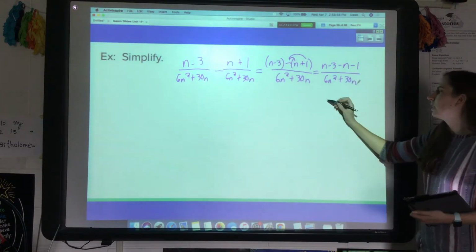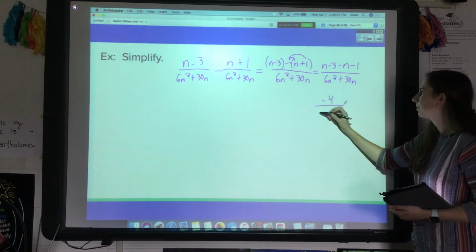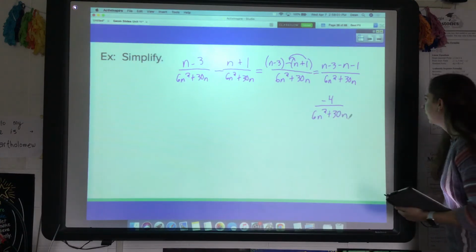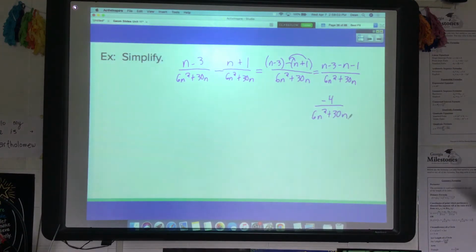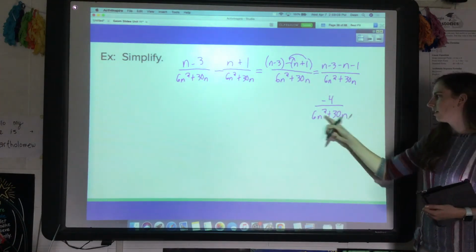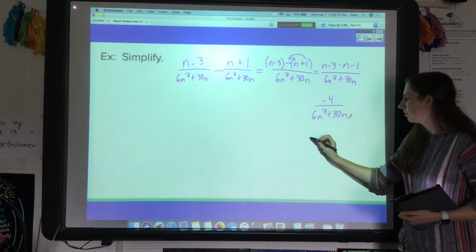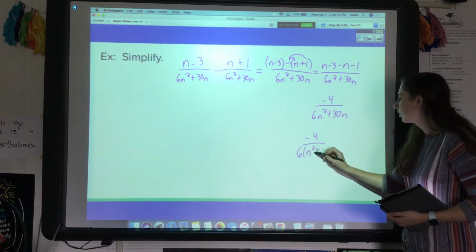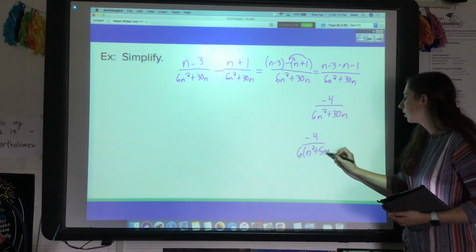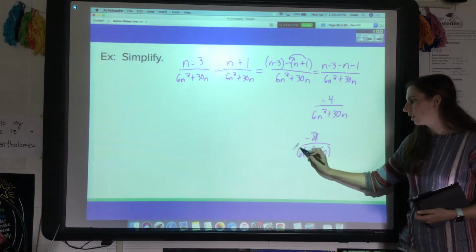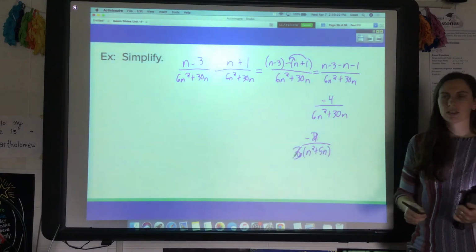Negative 3 minus 1 is negative 4. You could actually simplify this a bit, because if I factored out a 6 on the bottom, I could simplify 4/6 to be 2/3, but that's pretty much all you can do to simplify that.